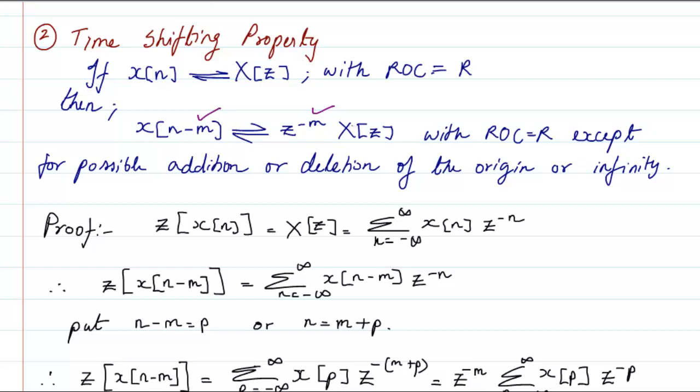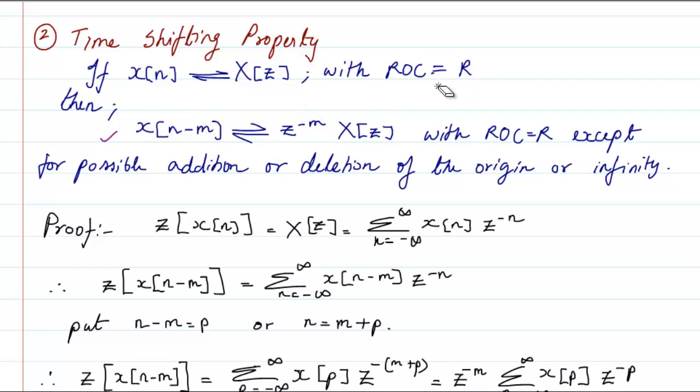Okay, so if you already know some function whose z transform you know, then delaying that function basically means multiplying its transform with z raised to power minus m. Remember, if it is going to be plus, here it will be plus m. And what will happen to the ROC?